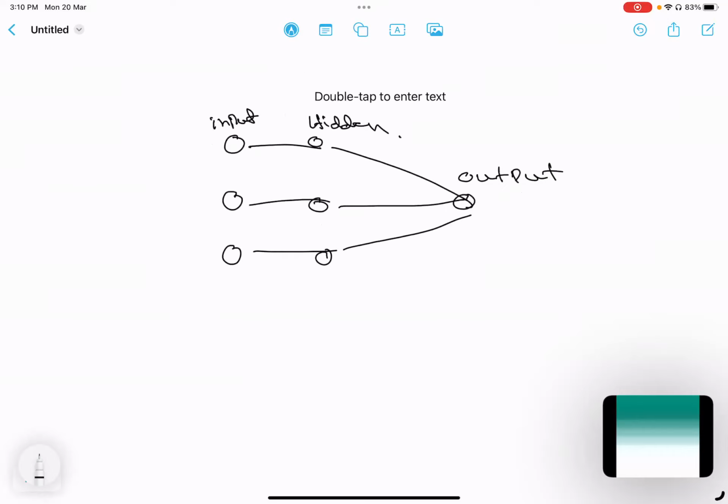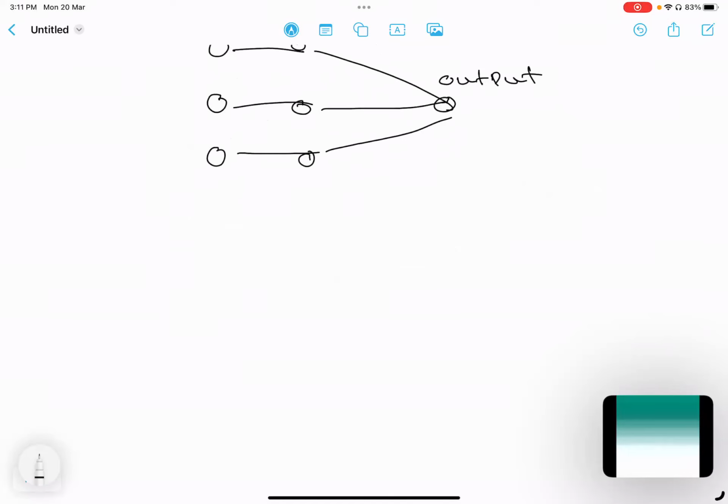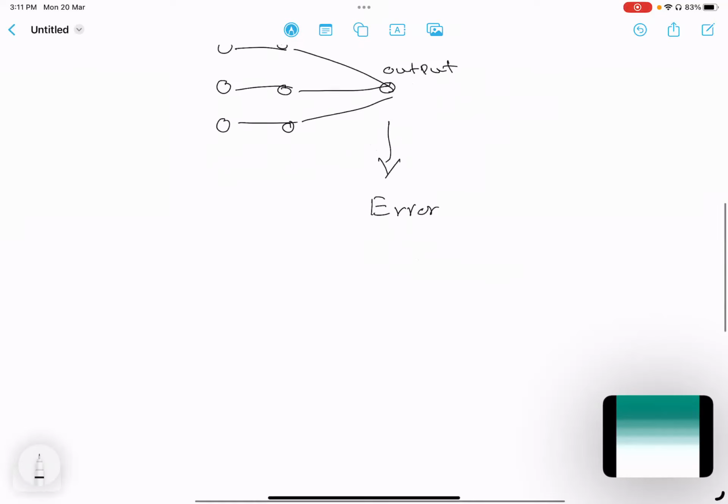After giving input and generating output, the next step is to judge the accuracy, or you can say the error of the model.